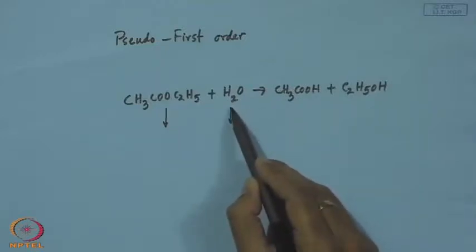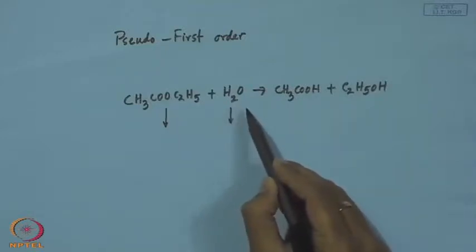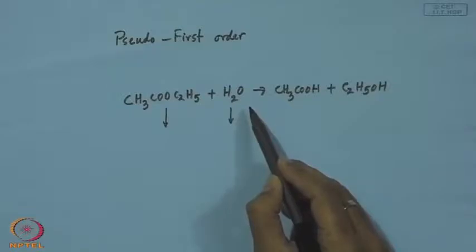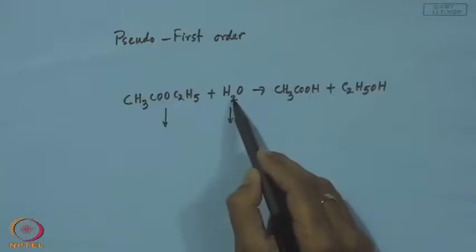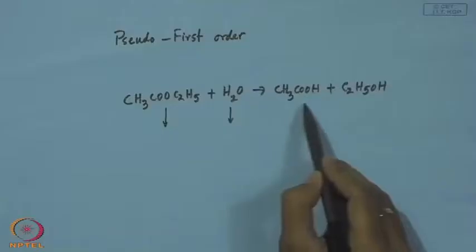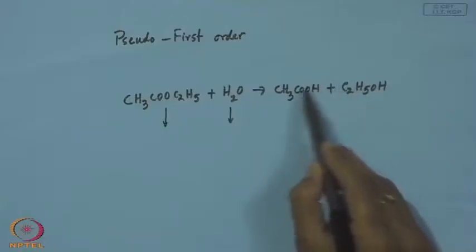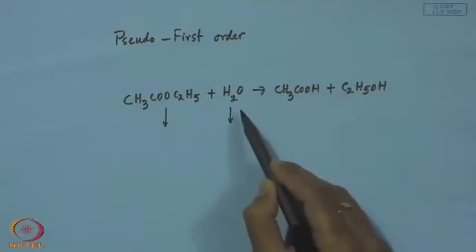Water will remain as it is. Suppose we have used 100 ml of water and we have put 1 ml of ethyl acetate. All 100 ml of water will virtually remain 100 ml, although very little water will be used up to decompose this one, but virtually the water concentration will not change.